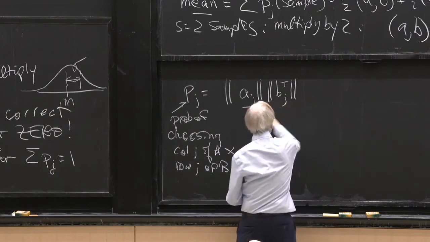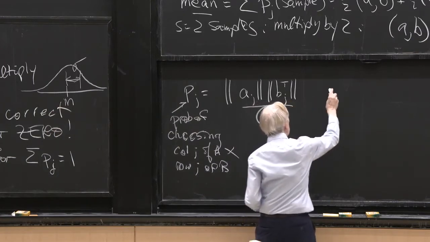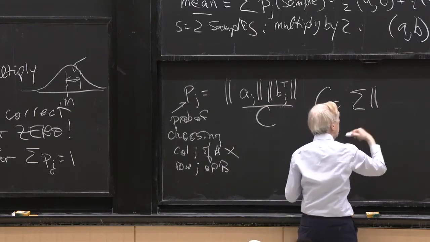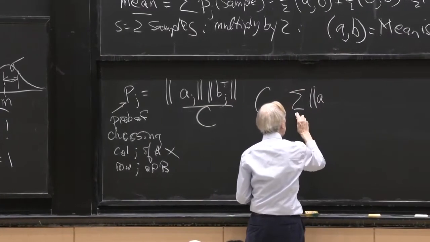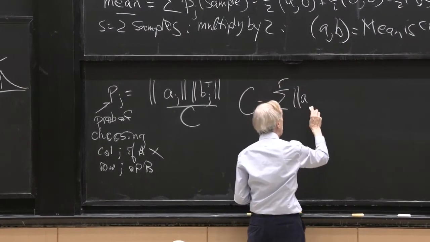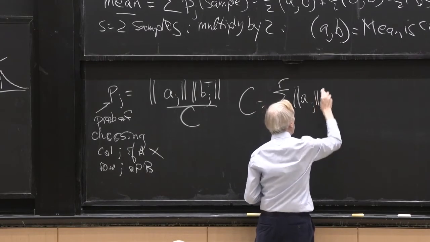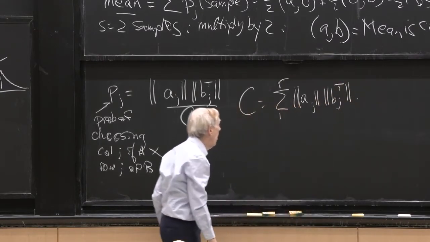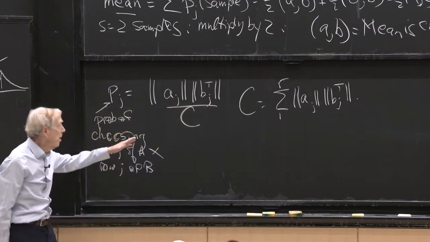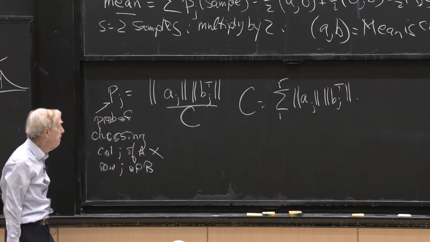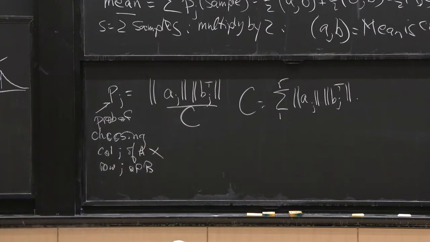So the probability is going to be that over C, and C is the sum over however many rows and columns, I guess R in my picture, of Aj, Bj transpose. So all I did was rescale the probabilities so that they now add to 1. Good, now I'm ready to go to work.